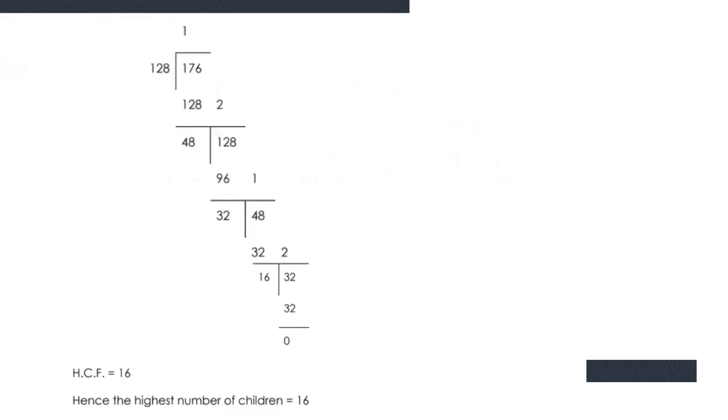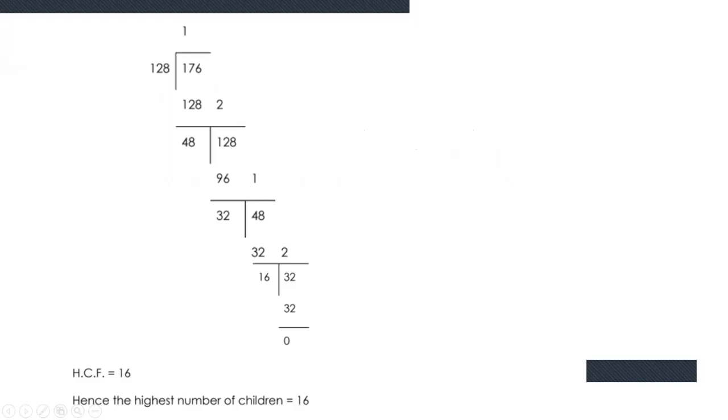So here we are finding the HCF by the division method, by putting the greater value on the inner side. 128 ones are 128, by subtracting, remaining is 48. As you can see that 128 is the greater value, then shift it to the inner side. 48 twos are 96, by subtracting, remaining is 32.